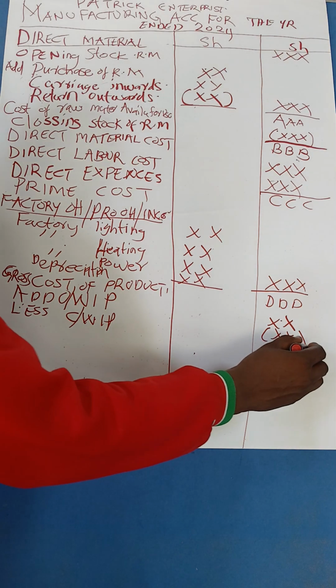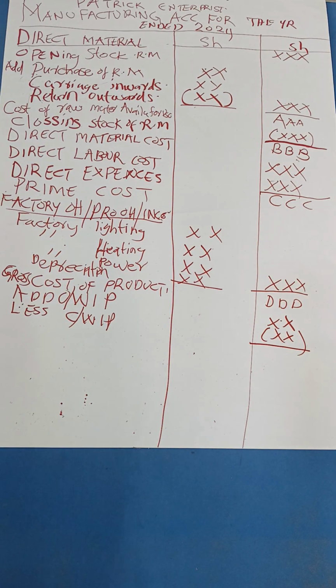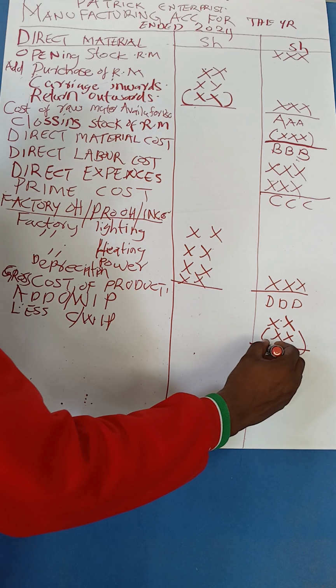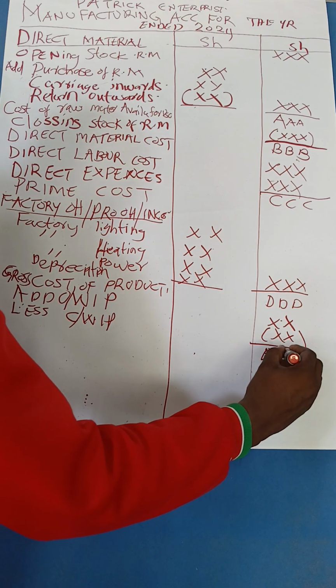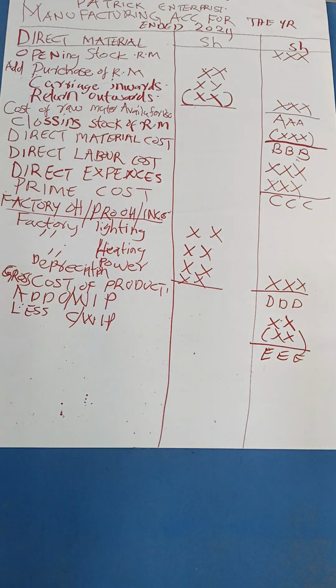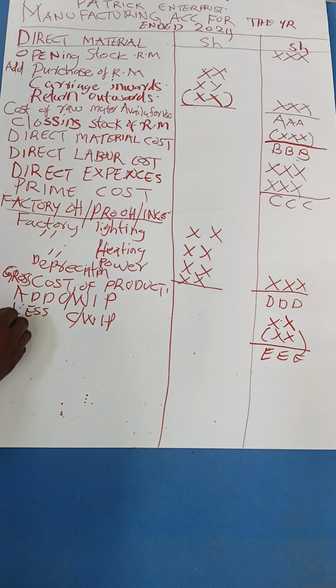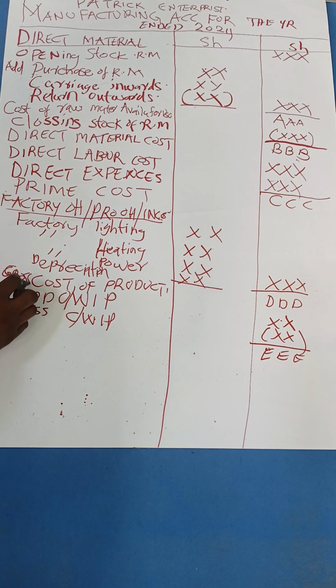After we have done that, we will have what we call the net cost of production. Let's call it NN, so that you know it is net, because we have done some adjustment on the gross cost of production.